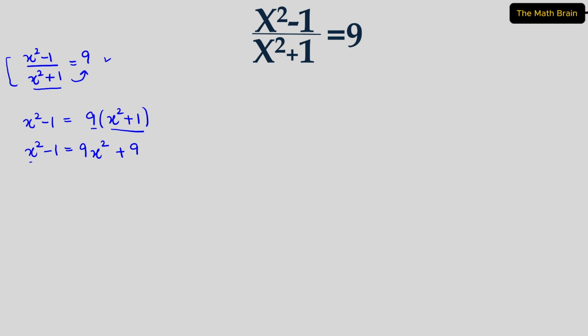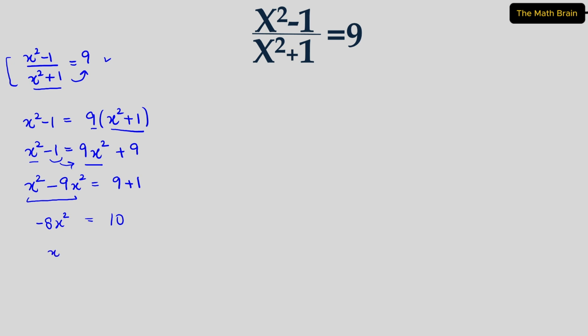Now taking these similar terms to the left hand side, we have x square minus 9x square is equal to 9, this minus 1 on the right hand side will be plus 1. So after subtracting we will get minus 8x square is equal to 10.